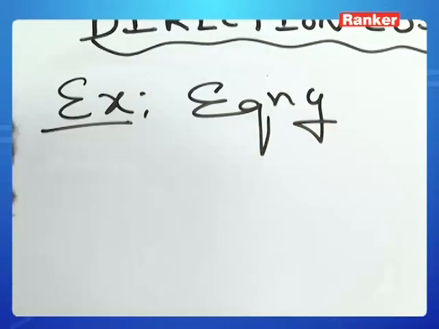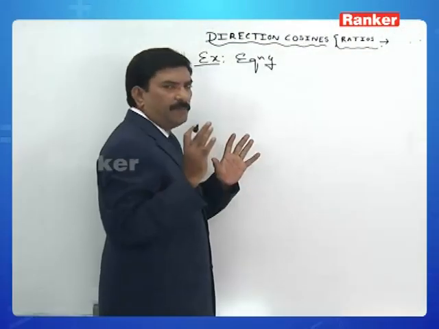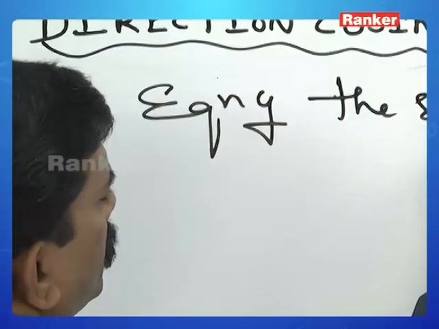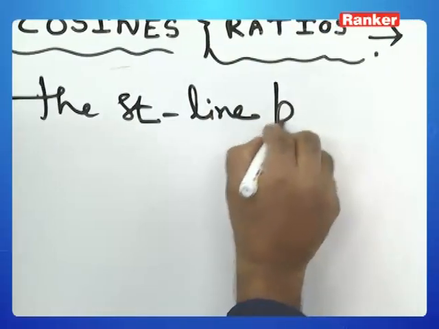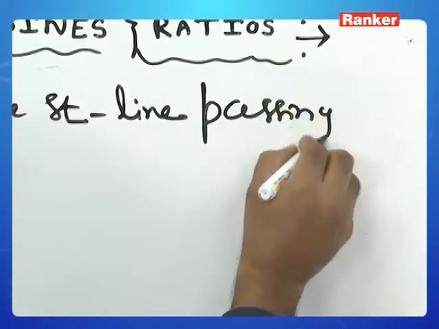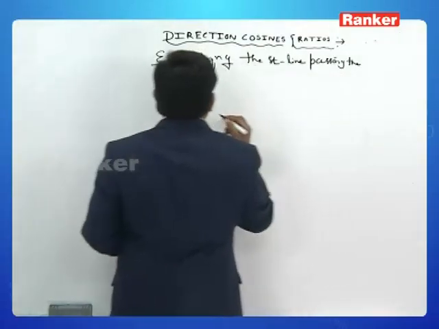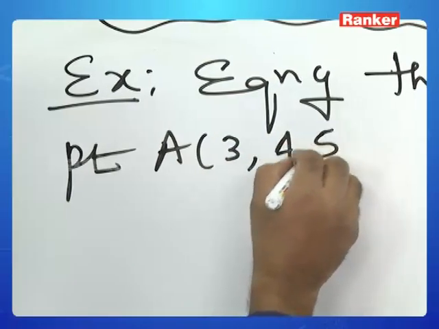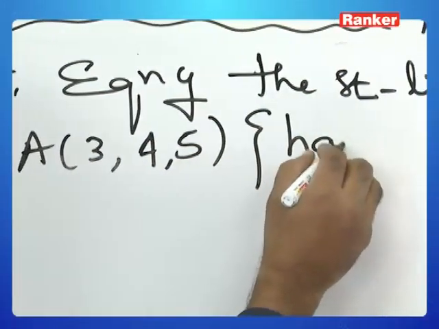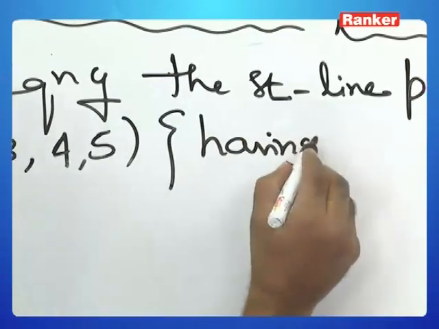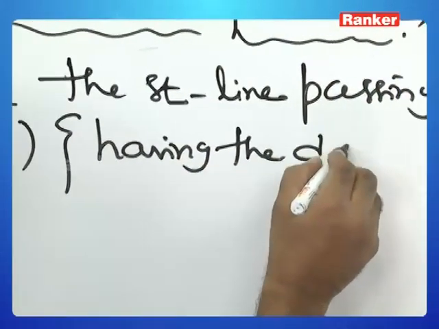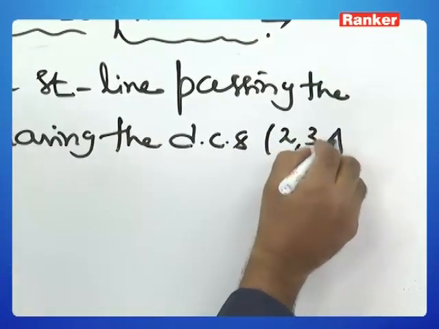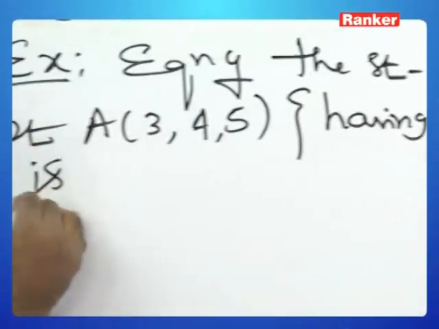Equation of the straight line. Now, let us see the example for this. Equation of the straight line passing through the point A of 3, 4, 5 and having the DCs 2, 3, 4 is dash.